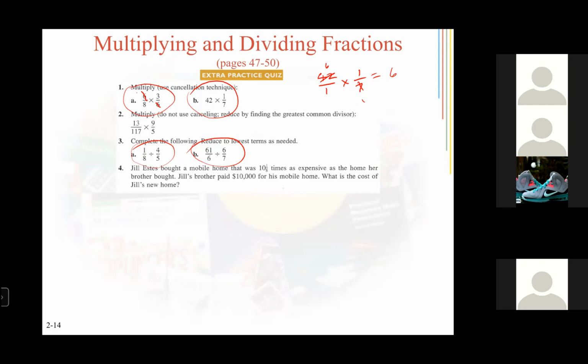Okay, so 3A, what do we make of that one? 1/8 divided by 4/5. That's going to be equal to 1/8 times 5/4. And our final answer would be 8/20.